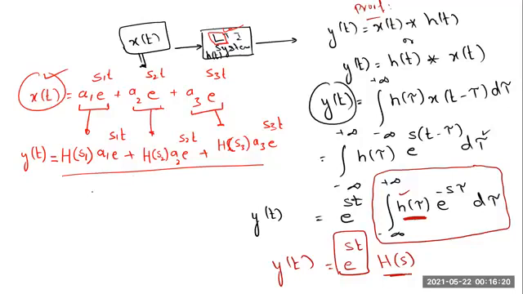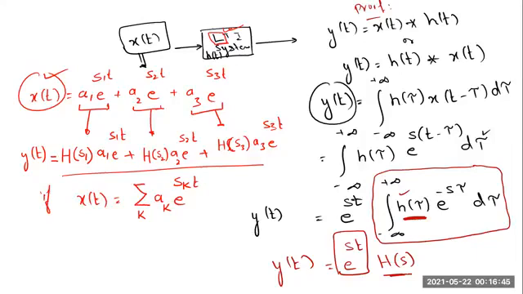So if I generalize this discussion, in case our input is a linear combination of a number of terms, I will now use this compact representation, where there are a number of terms with respect to the variable k, and we have ak e to power skt.